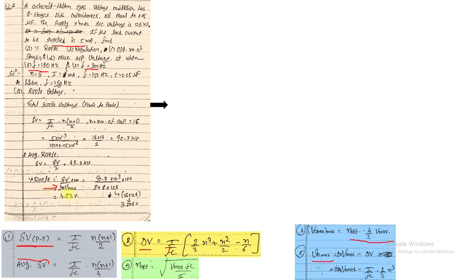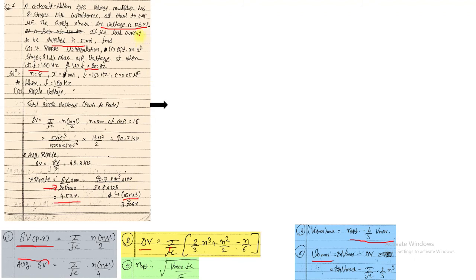Now in this case you can calculate the example in two ways. Either you can take the secondary voltage of the transformer as the maximum voltage, or you can consider it as an RMS value. If you are taking it as an RMS value, then you have to convert it into the maximum voltage by multiplying by root 2. If you are taking this 125 kilovolt as the maximum value, then it will give a percentage ripple of 4.53%.